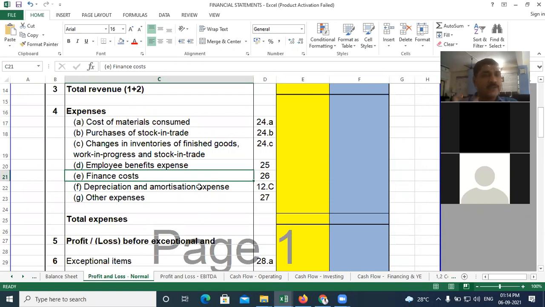If you issued debentures and collected capital, that debenture interest is your finance cost. If you take a loan, you pay monthly interest to the bank, that is finance cost. So finance cost is the amount we pay for procuring finance on a borrowed basis. Understood, students?